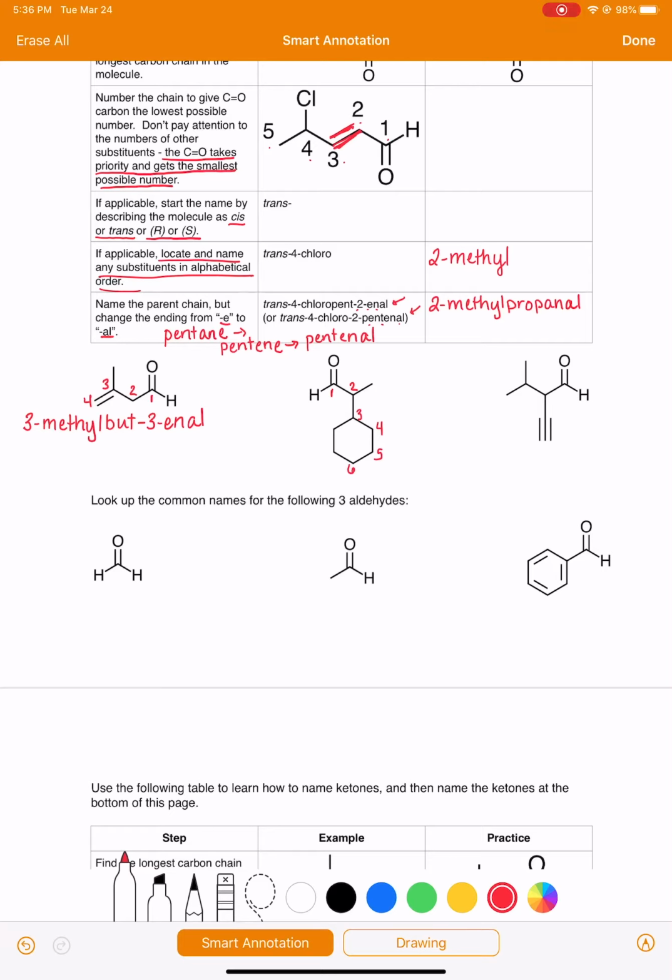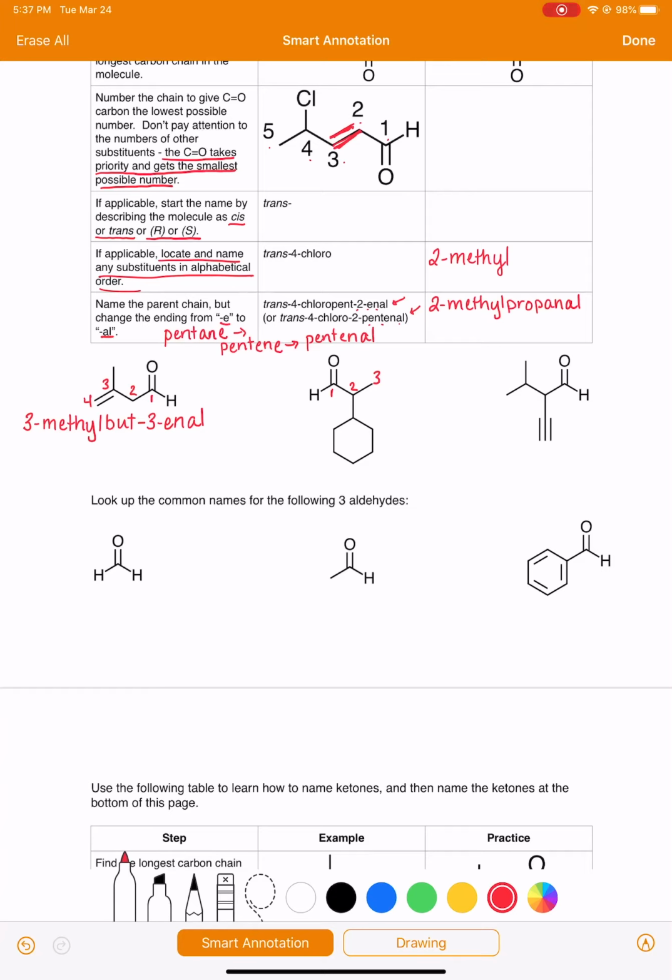When you are finding the longest carbon chain, the longest carbon chain either has to be a totally straight chain or it has to be a ring, but you cannot mix and match some straight chain, some ring. You've got to make a commitment to either a straight chain or a ring. And actually, you don't even get to decide. You have to go with where is the aldehyde group. It's on the straight chain, not on the ring.